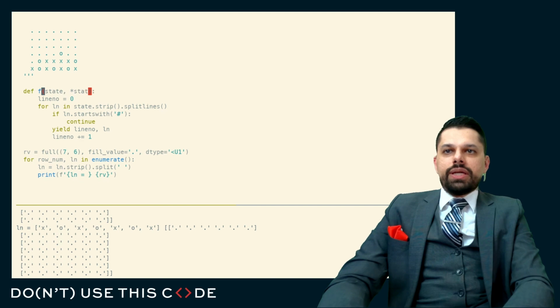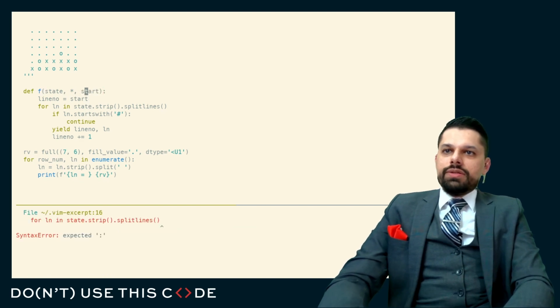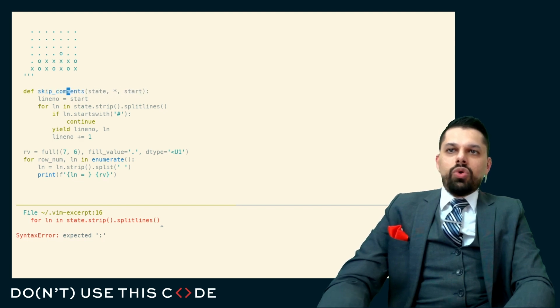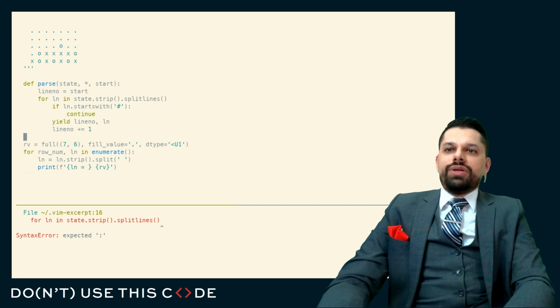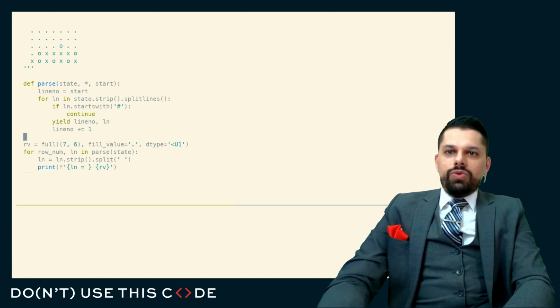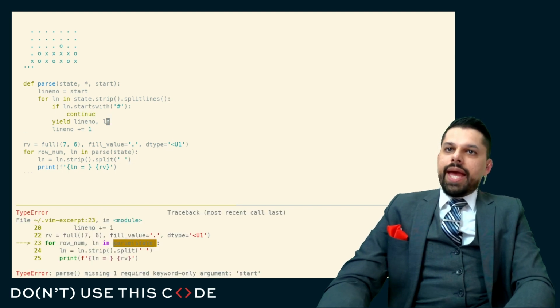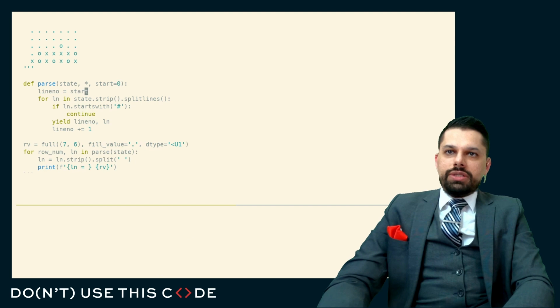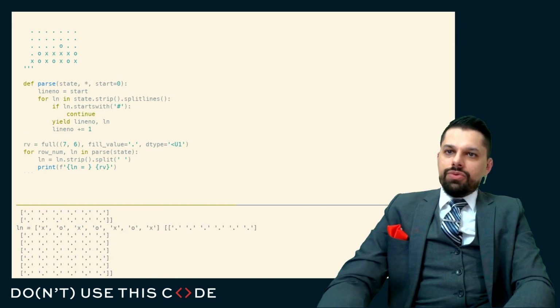And here we can even make this kind of look like our enumerate. So here, this is our skip comments, or probably parse is a better name for this. So there we go. And here, we're moving things around. There we go. And I guess we can say by default start at 0. There we have that. That's our row number.